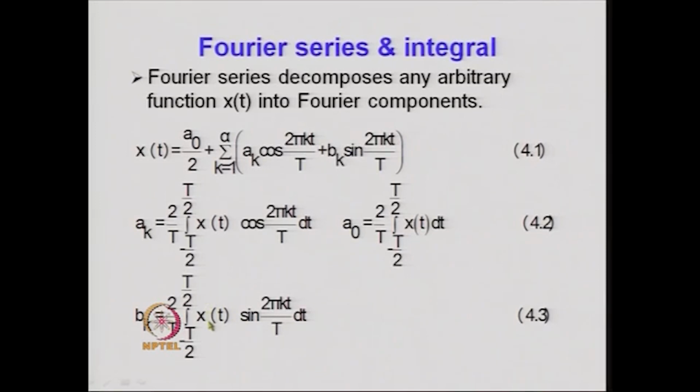If x(t) is an integrable function, then one can get the values of a_k and b_k in closed form. If it is not an integrable function, then we go for numerical integration.